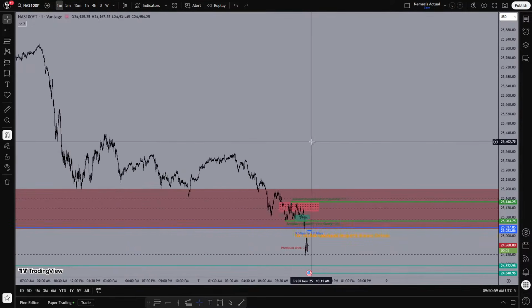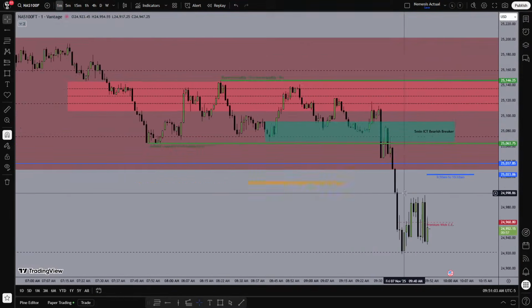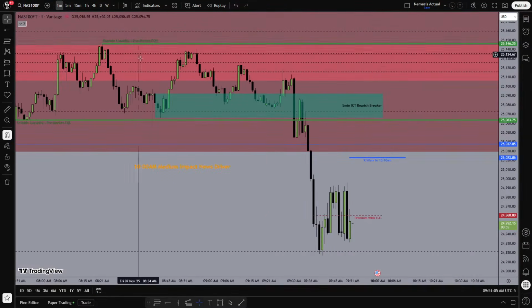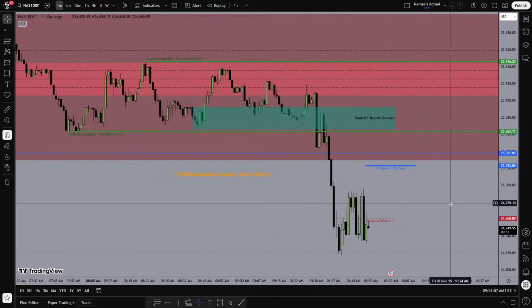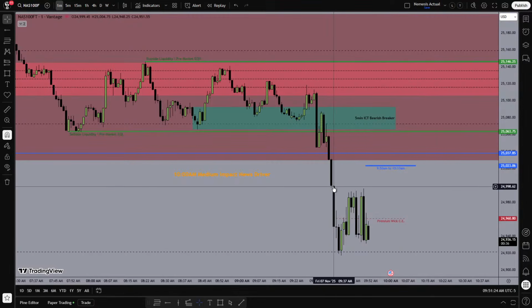So it is completely okay to see the Nasdaq either form some pullback into the range or just completely consolidate. Back below the wick once again. Still respecting this, nothing different there.